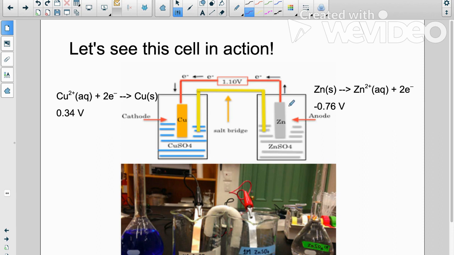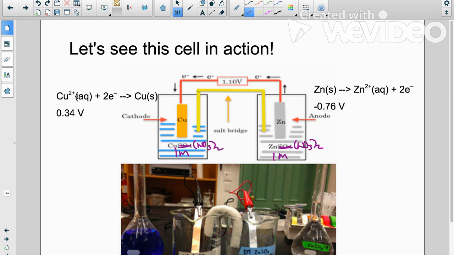All right, so Isaias and I set up this cell. This solution was 1 molar copper sulfate. Actually, our cell was slightly different. We used copper nitrate and zinc nitrate, and they were both 1 molar.